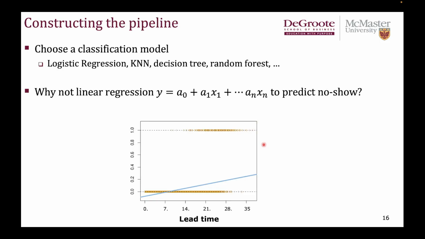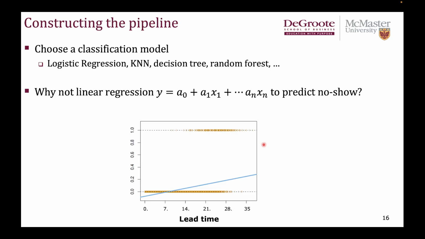Before, we used the linear regression model to predict house prices or medical costs, and we said that's only for continuous variables. So question, why is it not a good idea to use linear regression to predict no-show outcomes, 0 or 1?